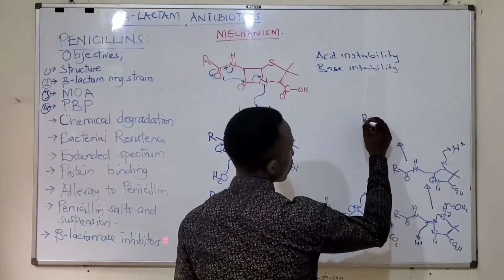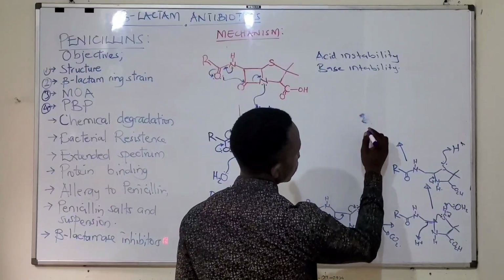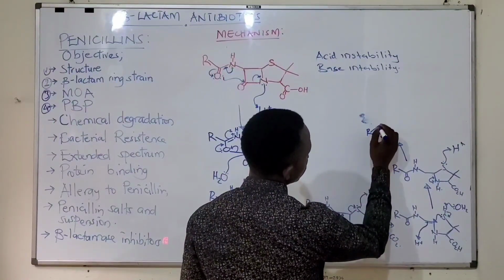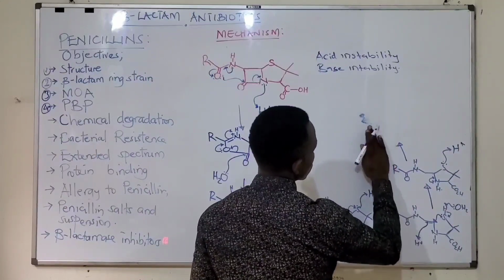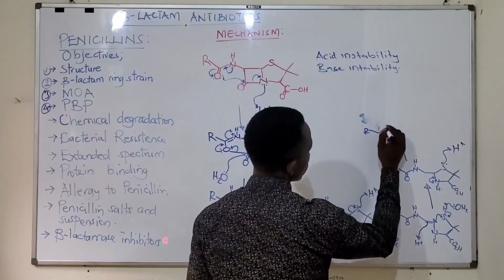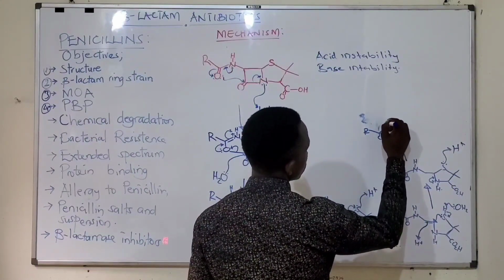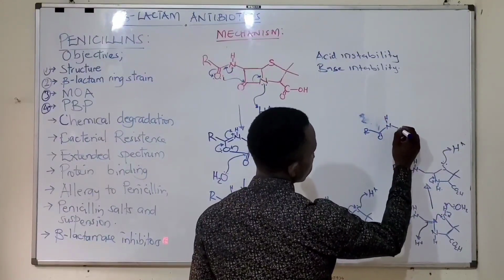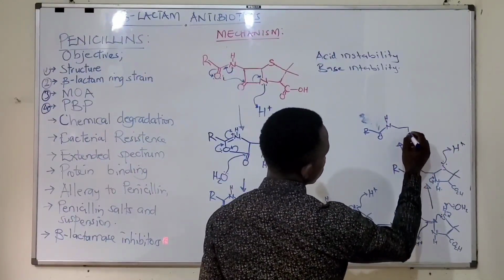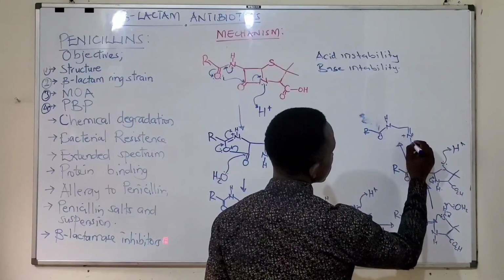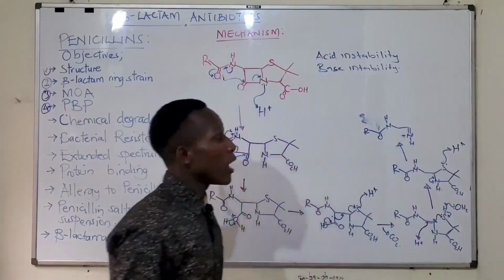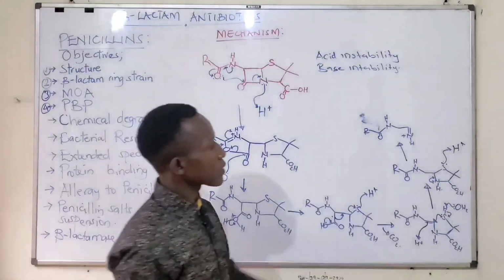We shall have R with nitrogen. We have formed a double bond, so this nitrogen is now unstable. So it has a plus.